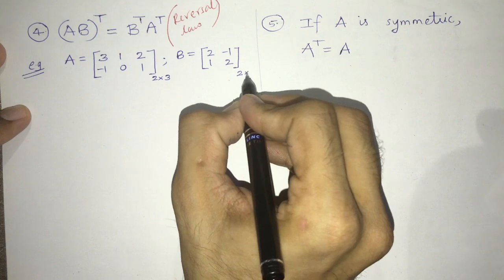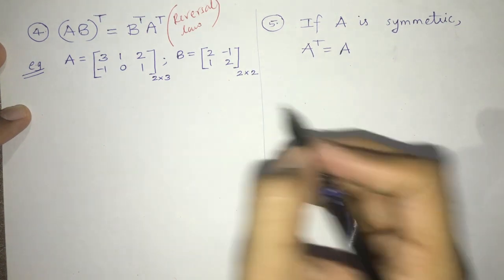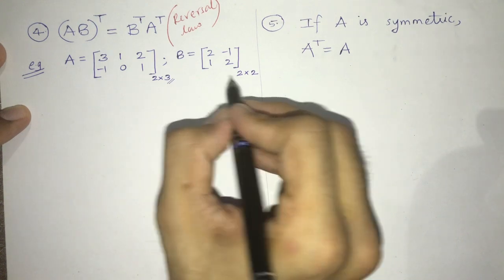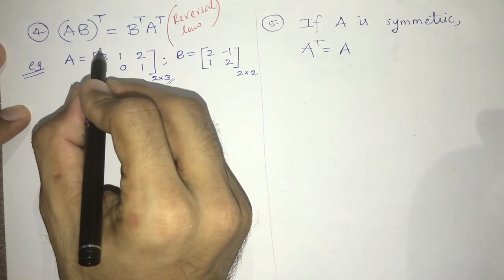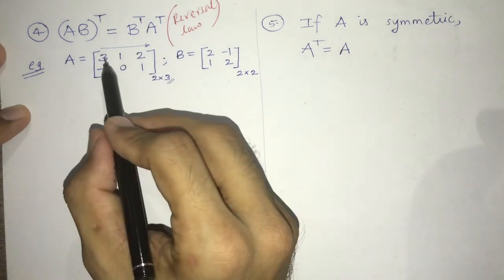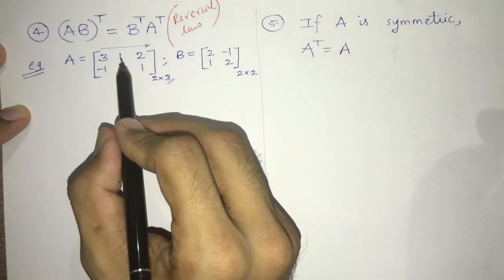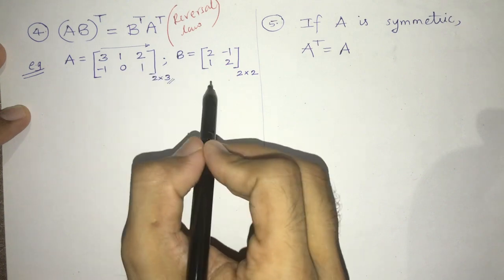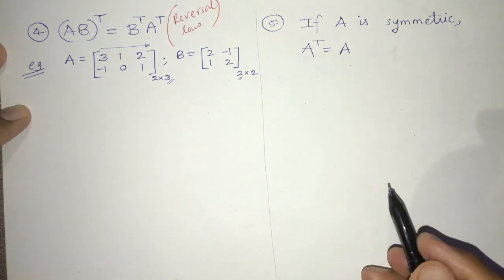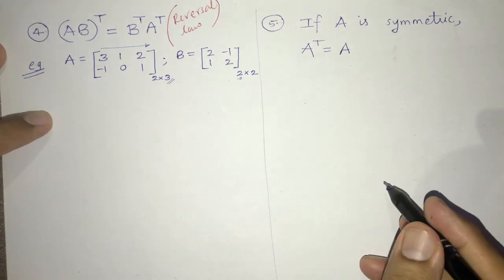So the number of columns here is 3. If we start the multiplication row wise, there is going to be a problem. 3 gets multiplied with 2, 1 gets multiplied with 1. What will happen to this 2? It will not get multiplied because the number of rows does not match the number of columns. So here multiplication is not possible.